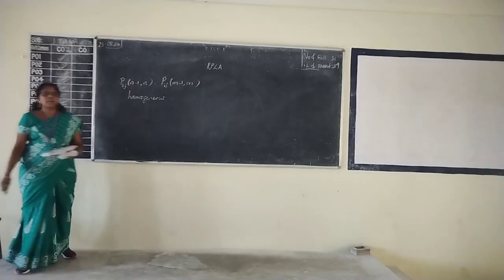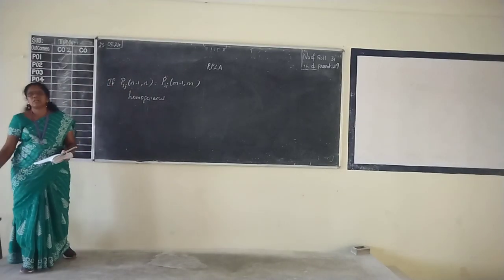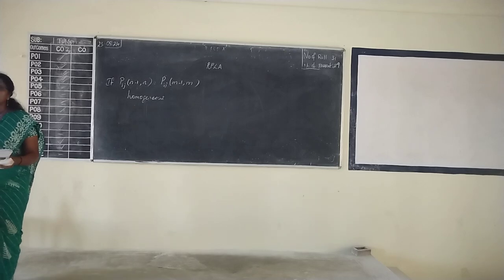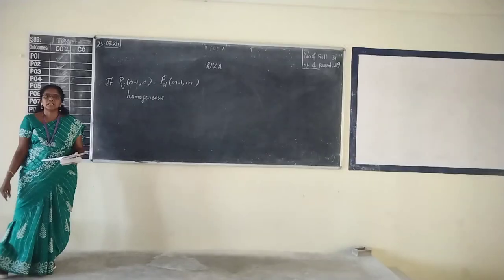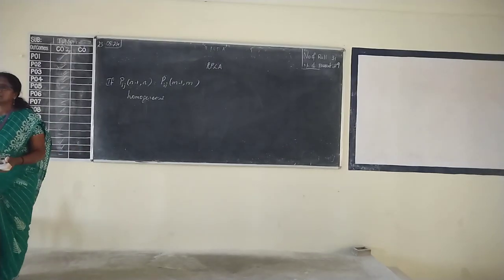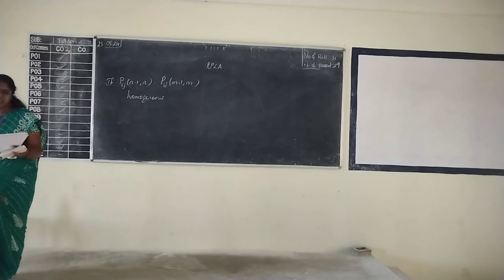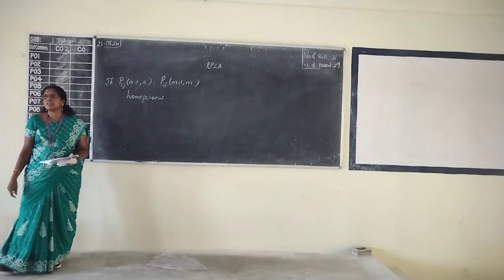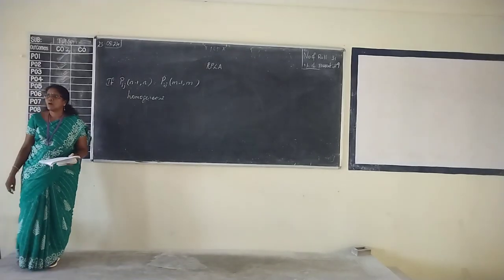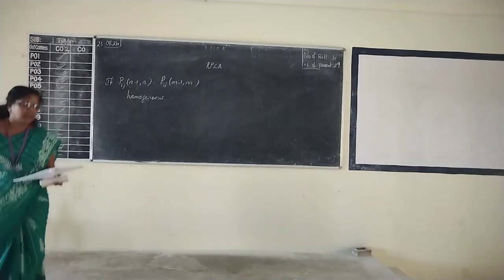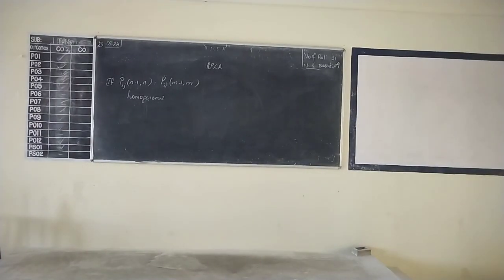Note down: if Pij of n minus 1 to n is equal to Pij of m minus 1 to m, then the Markov chain is called the homogeneous Markov chain, or the chain is said to have stationary transition properties.